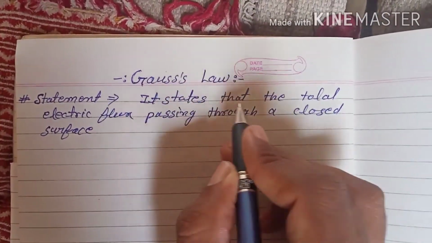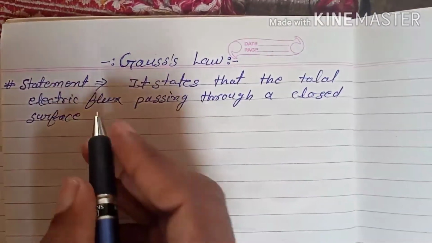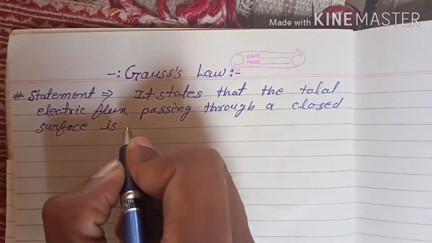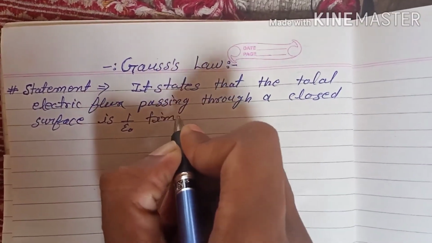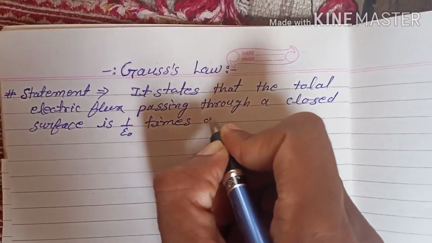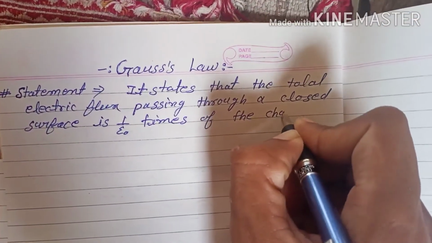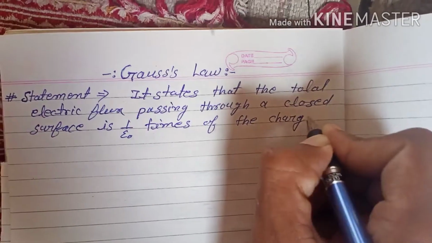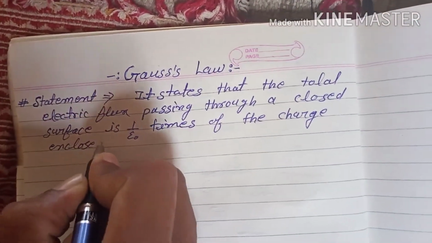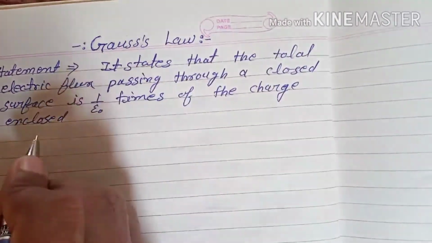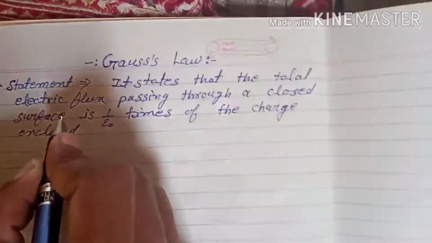The total electric flux passing through a closed surface is 1 upon epsilon naught times the charge enclosed, the charge present inside the closed surface.